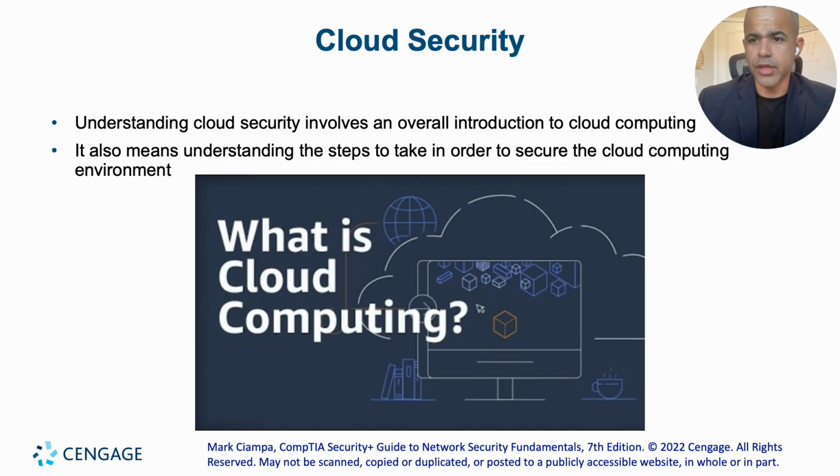It is a vector of attack for advanced persistent threats or even script kiddies to target, because the technology is sitting in a place that is somewhat accessible. Accessible to everyone also means that it is prone to security breaches. So that's what we're going to be discussing today: going further into the cloud computing components themselves, and then the technology that's out there so that we can secure it.